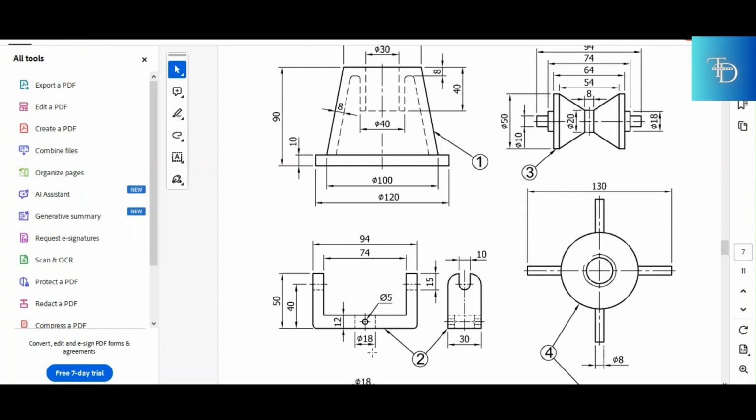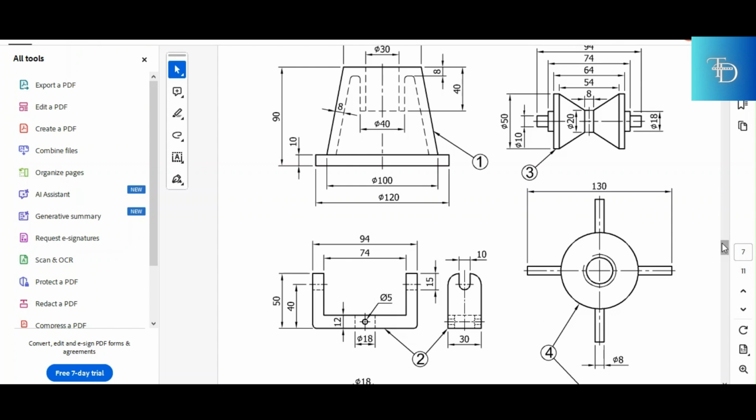And that thing that plugs through part number two is the same thing that is going to fit the base, because the base has a hole of diameter 30. Since the base has a hole of diameter 30, you have to find something else of diameter 30 that is going to fit that hole. And also at the top side of that component, this diameter 18 should be able to fit.